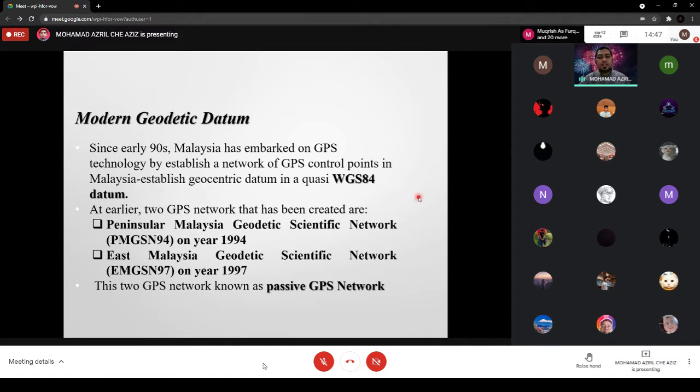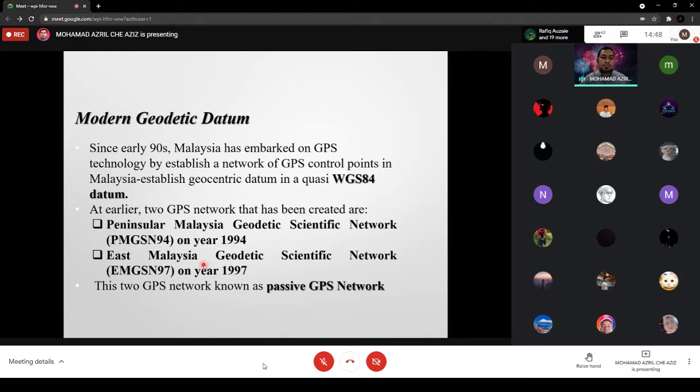In the modern geodetic datum, which started in the early 90s, two GPS networks were introduced: the Peninsula Malaysia Geodetic Scientific Network, PMGSN 94, and the East Malaysia Geodetic Scientific Network, EMGSN 97. You will see these when you use software to convert coordinates in terms of the datum.